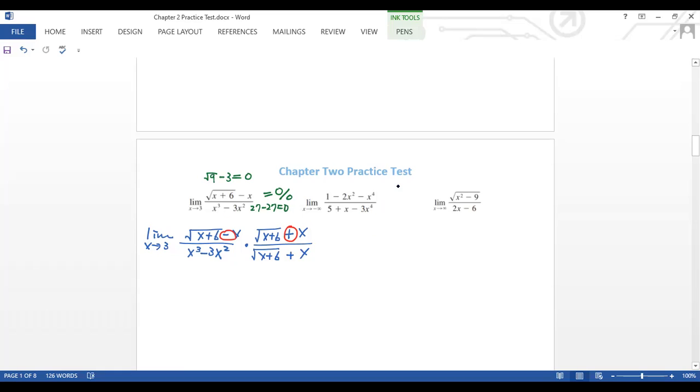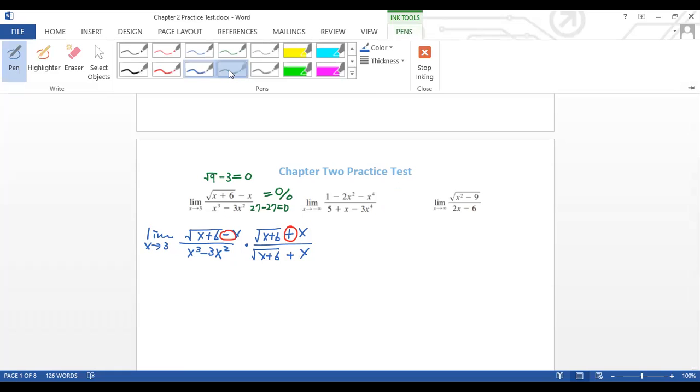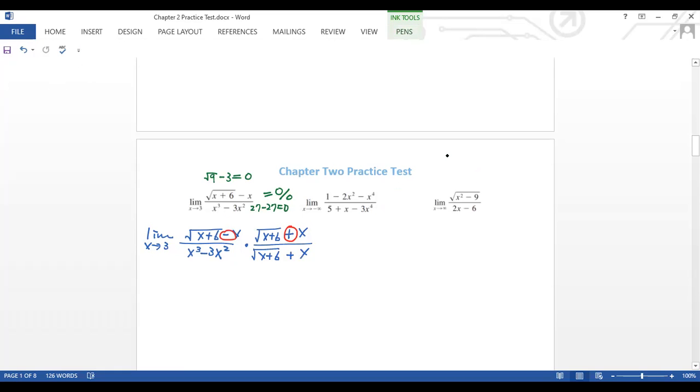Now I'm going to use my algebra formula again: a minus b times a plus b. One more time, what is this? It is a squared minus b squared. We use this all the time, so it's very, very important. Now let's take a look at the bottom: x cubed minus 3x squared.